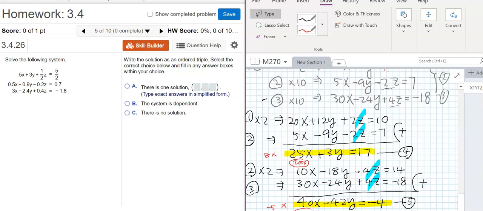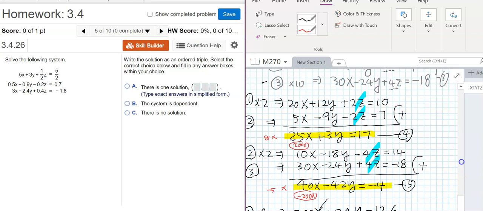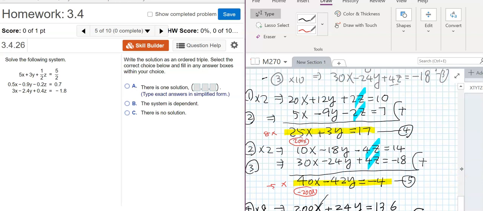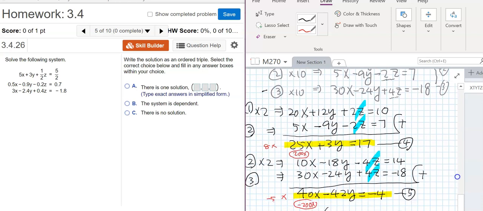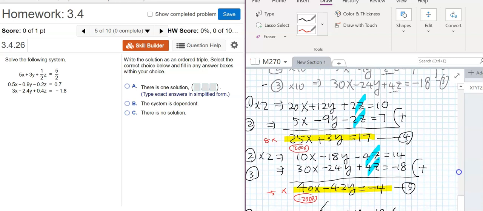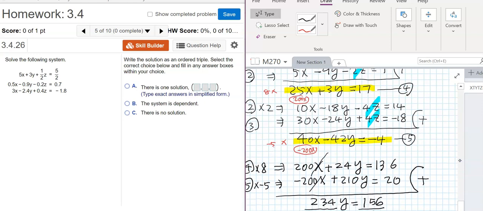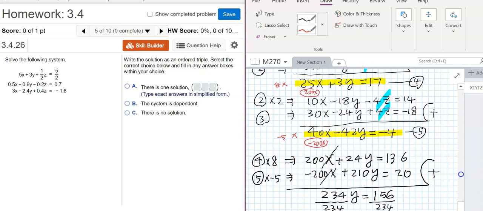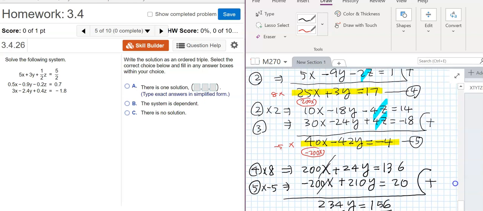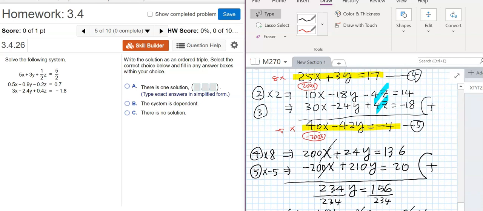So 25x plus 3y is 17. Then 2 times 2 is 10x, minus 18y, minus 4z is 14. That's good. And number 3 is 30x minus 24y plus 4z is negative 8. So far, so good. It's 40x minus 42y is negative 4. So 4 times 8 is 200x, 136, yeah. And then 5 times negative 5.